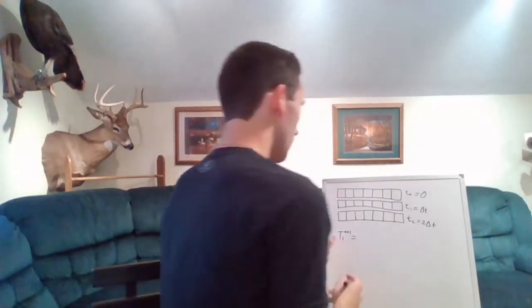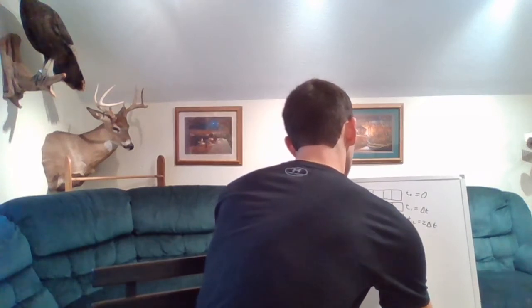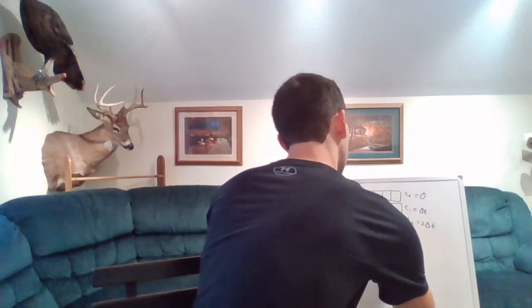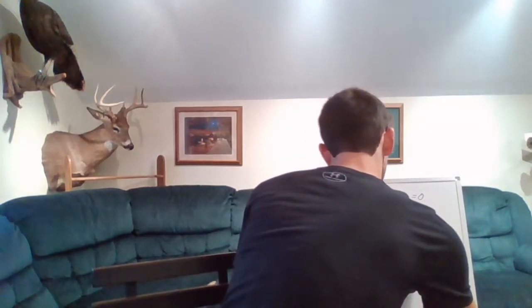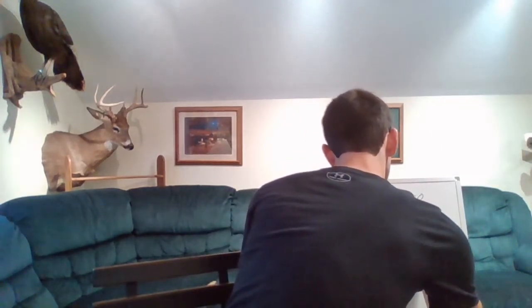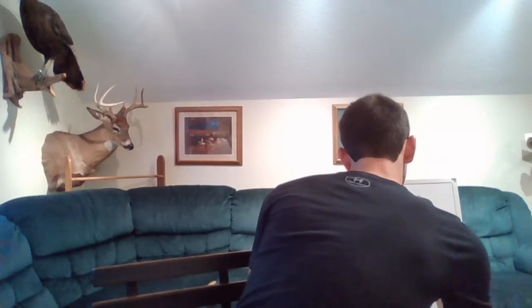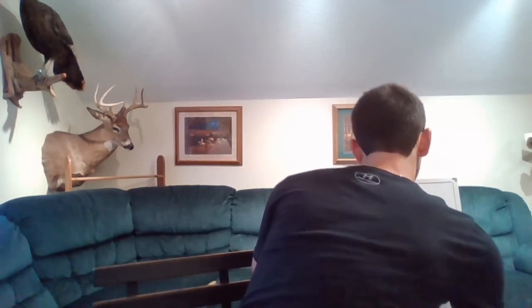So we will have t to jn plus, we will have alpha delta t over delta x squared times t j plus 1 n minus 2t jn plus t j minus 1.